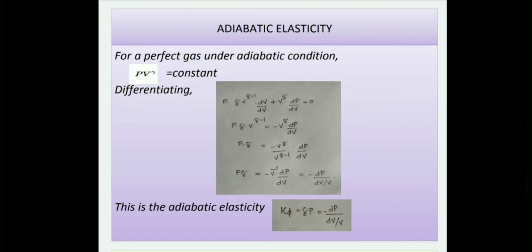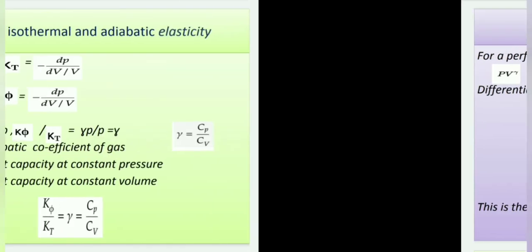Taking V raised to gamma minus 1 to the numerator, P into gamma is equal to minus V raised to 1 into dP divided by dV, which is equal to minus dP divided by dV by V. This is the adiabatic elasticity. We represent it as K phi, which is equal to gamma P, which is equal to minus dP divided by dV by V.